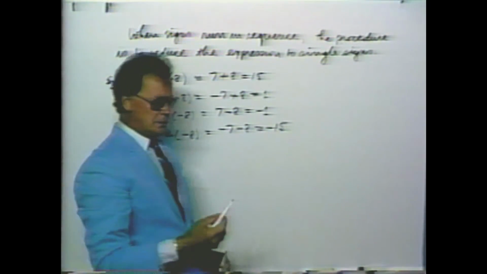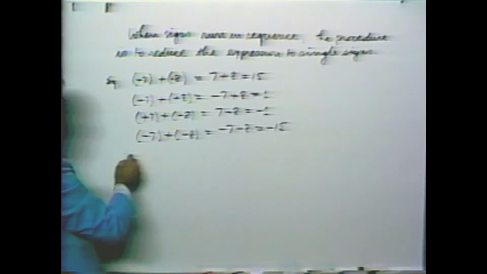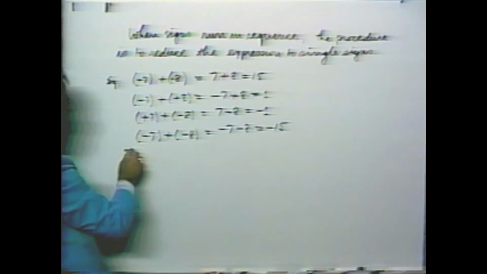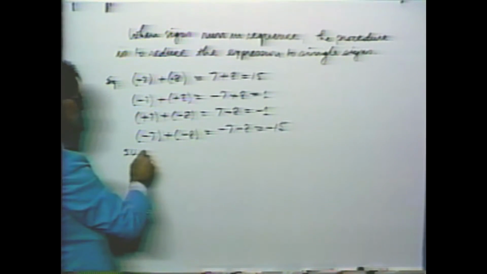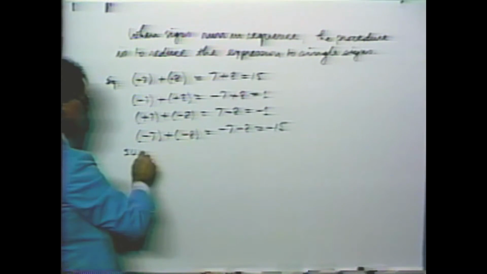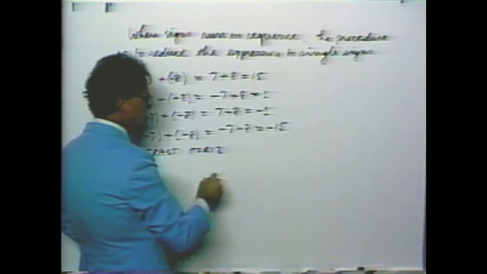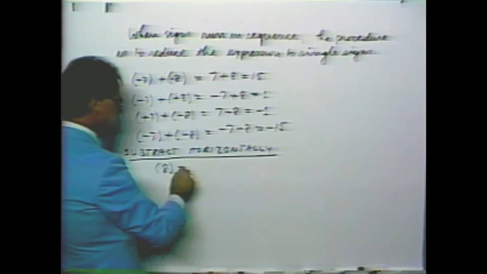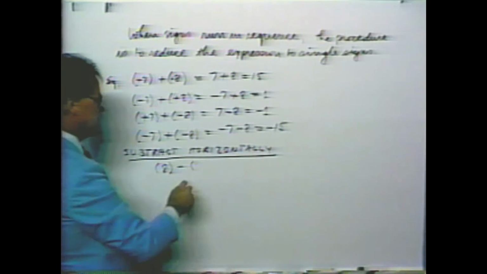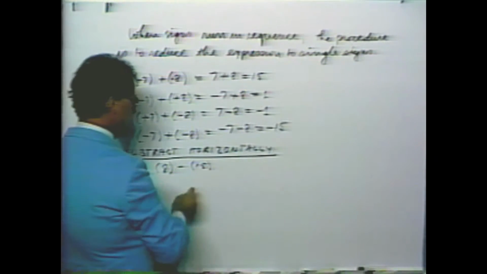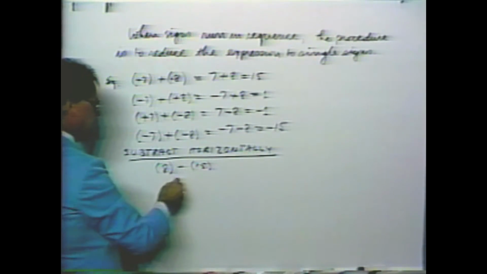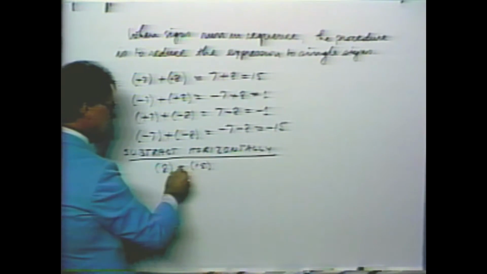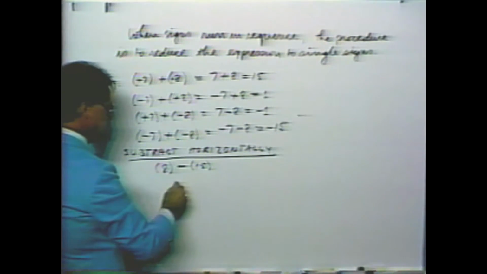The next example will deal with horizontal subtraction, or subtract horizontally. Take 8, subtract 15. Here we have the operation indicated by this subtraction sign.